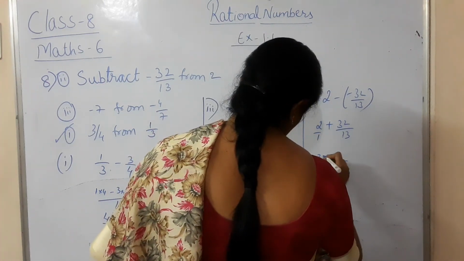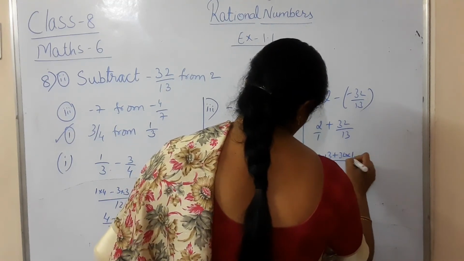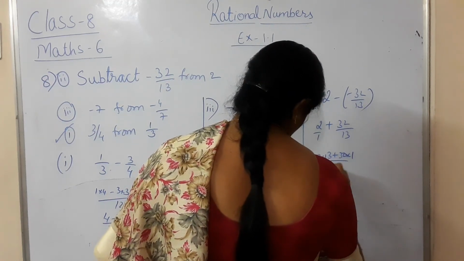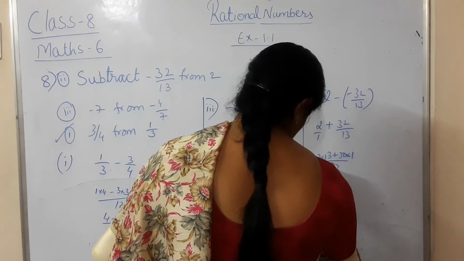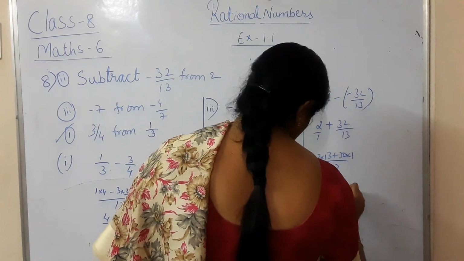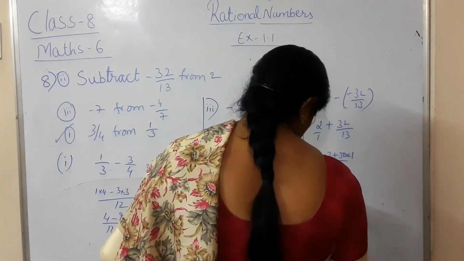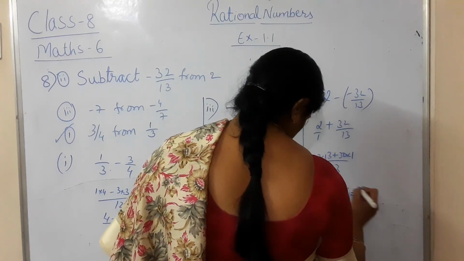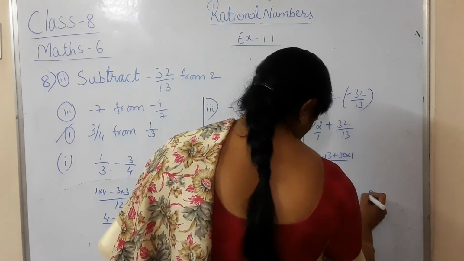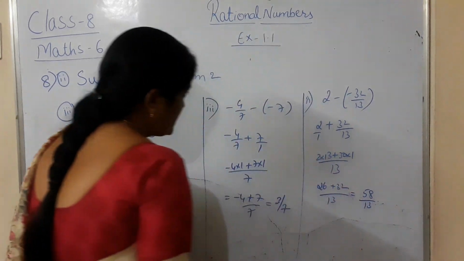So 2 into 13 plus 32 into 1, which is 2 thirteens are 26, 32 ones are 32 by 13. Sum up, that means add these numbers. So what do you get? 6 plus 2 is 8, 2 plus 3 is 5, 58 by 13. I hope these are clear.